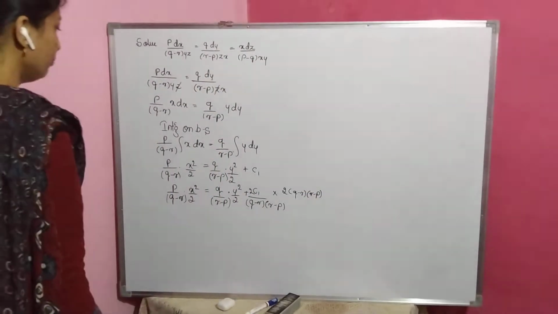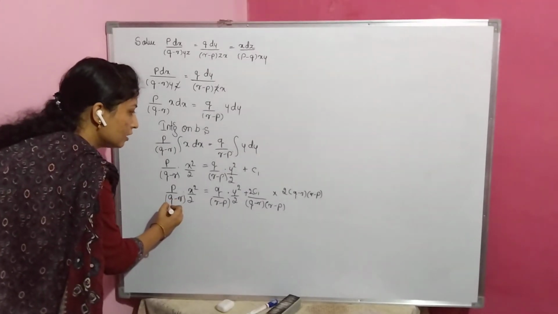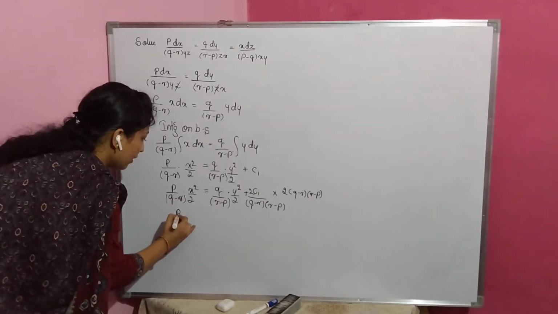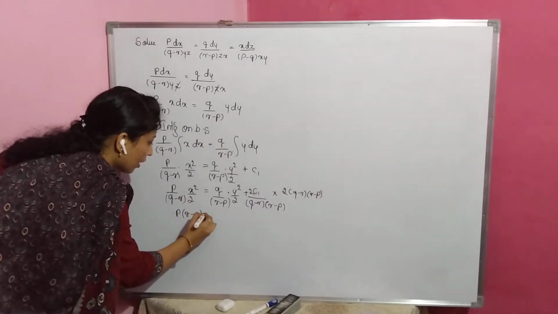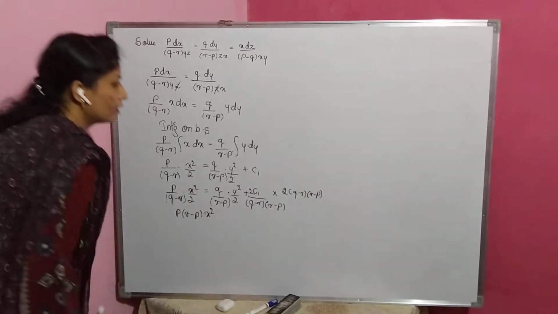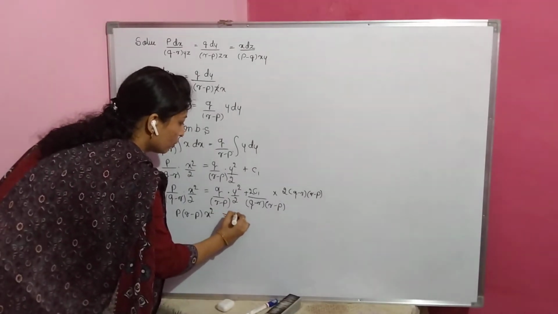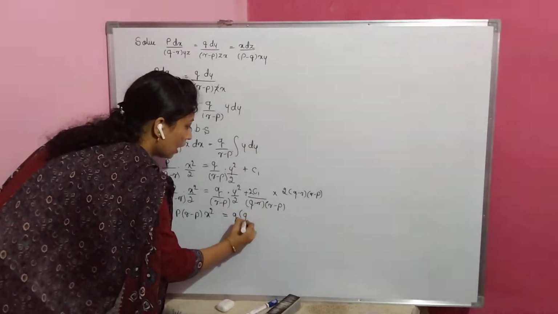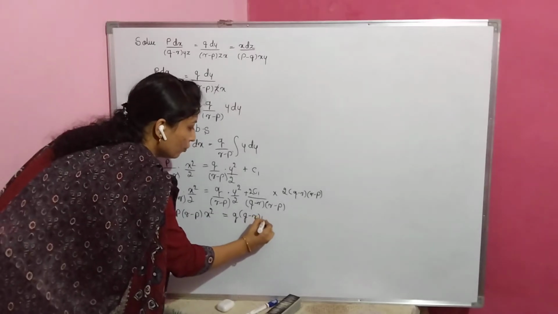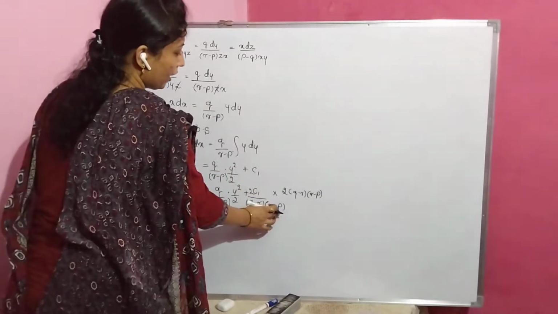Then the term Q minus R gets cancelled. Then it is P into R minus P x square, which is equal to Q into Q minus R into y square plus 2 into C1 divided by this term.